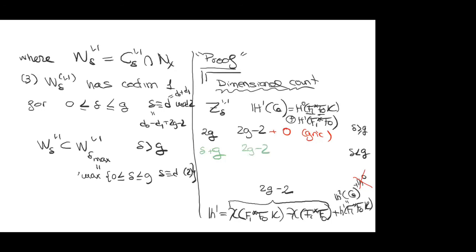And now, for delta smaller than G, generically, H0 will be 1. So this H1 here will be minus the degree, plus 1, which is H0 of this bundle.